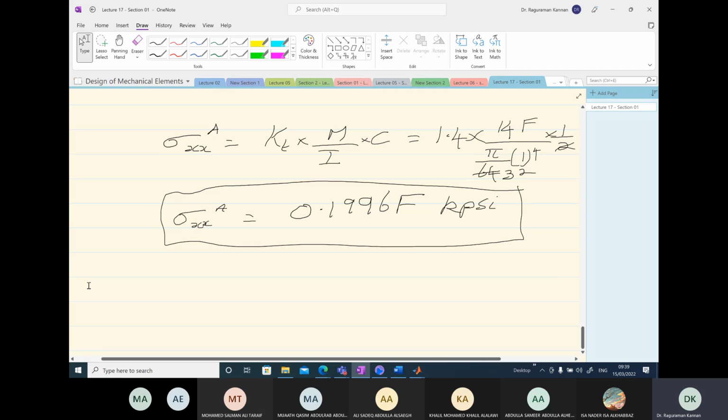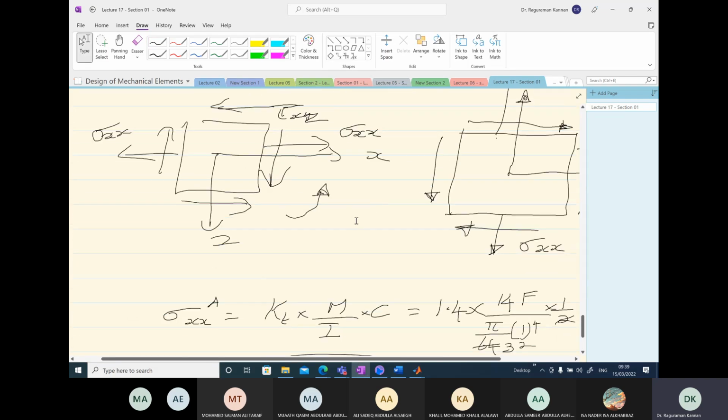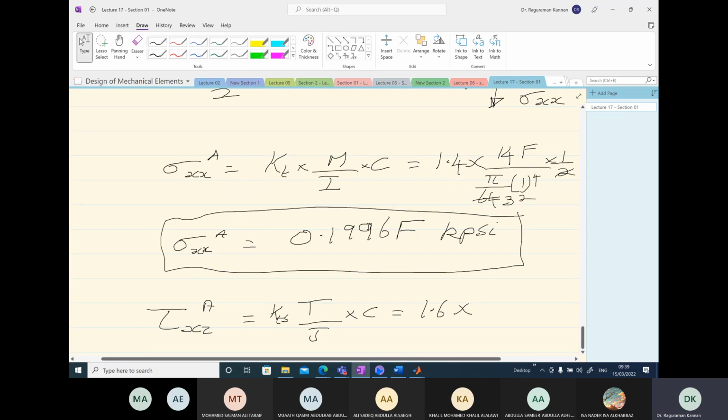Let's similarly use the torque value to evaluate the shear stress. We will neglect any transverse shear stress because we have the torque here, and torque dominates. So we have Kts T over J times the radius c. Kts is 1.6, and the torque value we calculated above with respect to the x-axis is 15F.